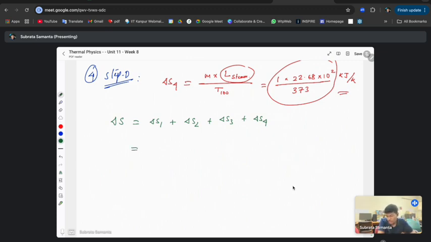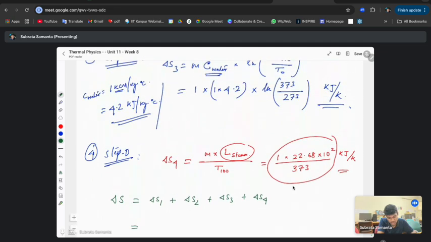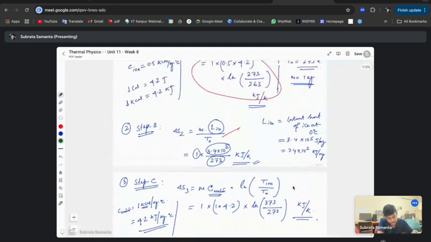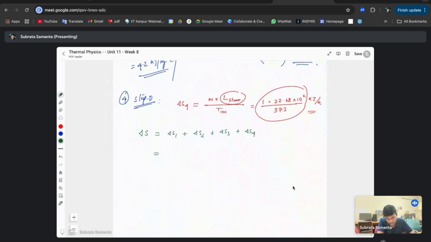So I'm writing 4.2 times 0.5 times ln 273 over 263, plus 3.4 times 10 to the power 2 over 273, plus delta S3.